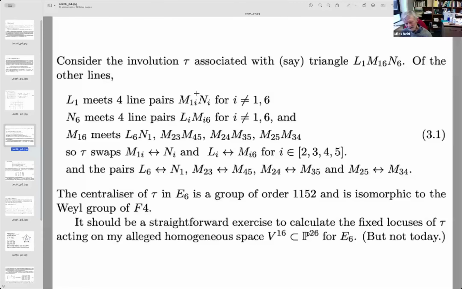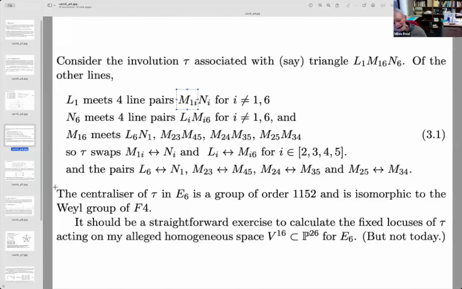So L1 meets the 5 Ni and it meets the 4 M1i, for i not equal to 1 and 6, and then the same. So, this is basically just sitting down and playing around with permutations. I did it in computer algebra, but I can't show you the computer algebra without stopping sharing and starting sharing.